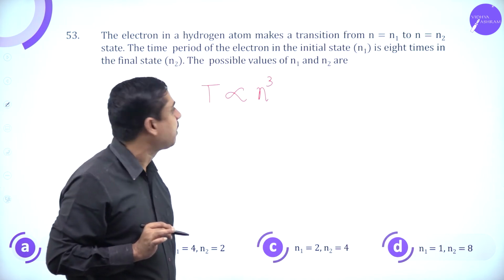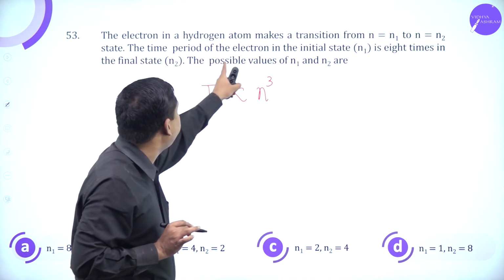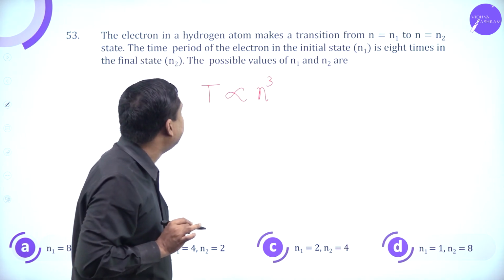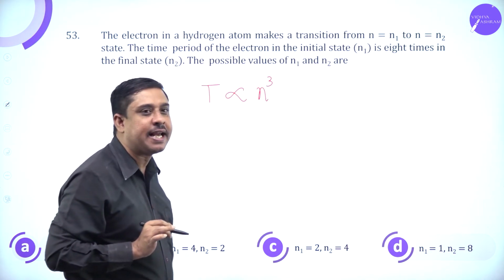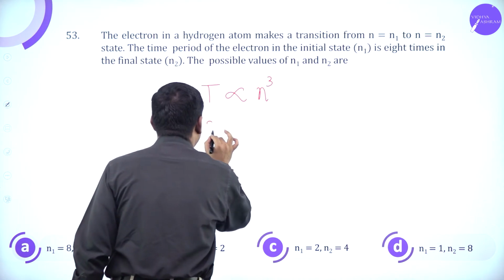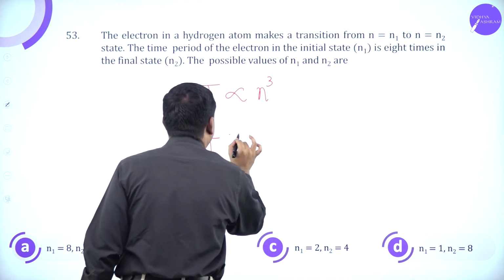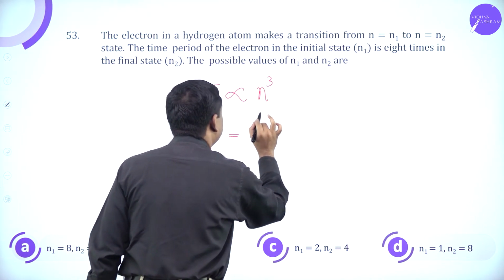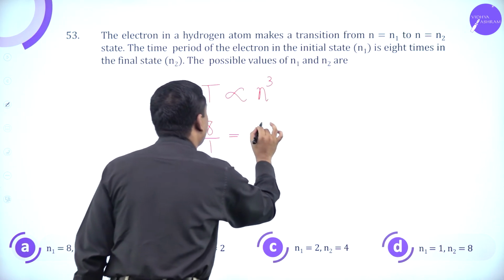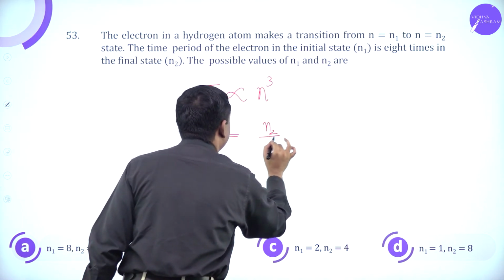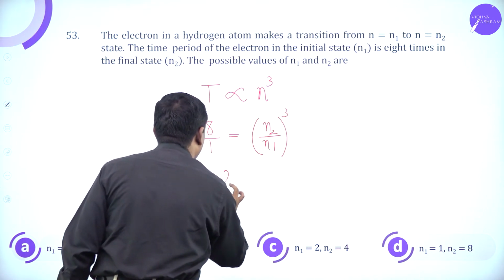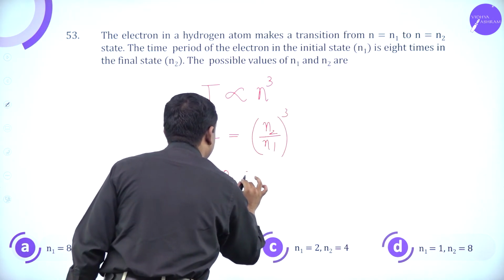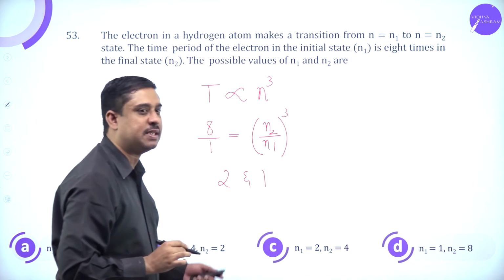The time period of electron in the initial state is 8 times the final state. So 8 by 1 is from n1 to n2. So taking cube roots, it has to be 2 and 1, which is missing here.